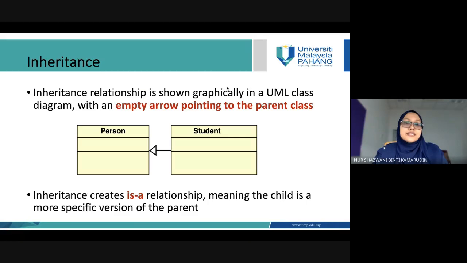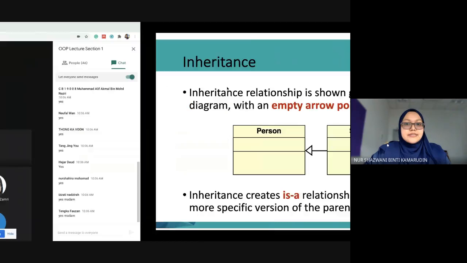We use an empty arrow pointing to the parent class from the child class. It shows that student is the child and person is the parent. The relationship between these two classes is an is-a relationship. That means a student is a person.